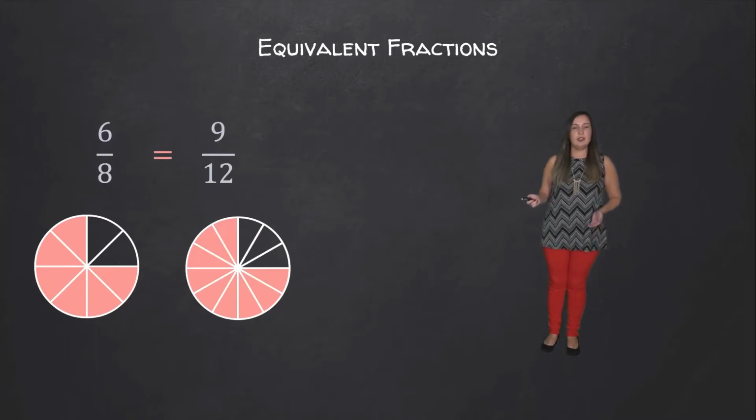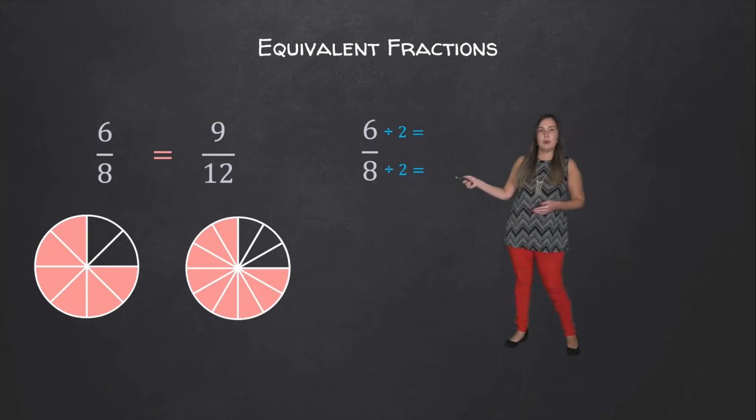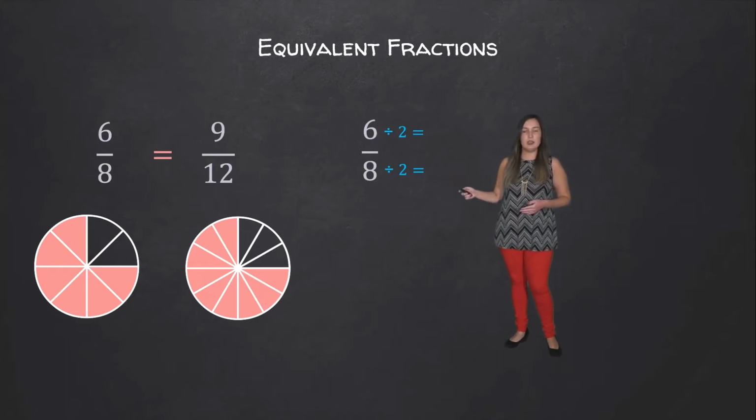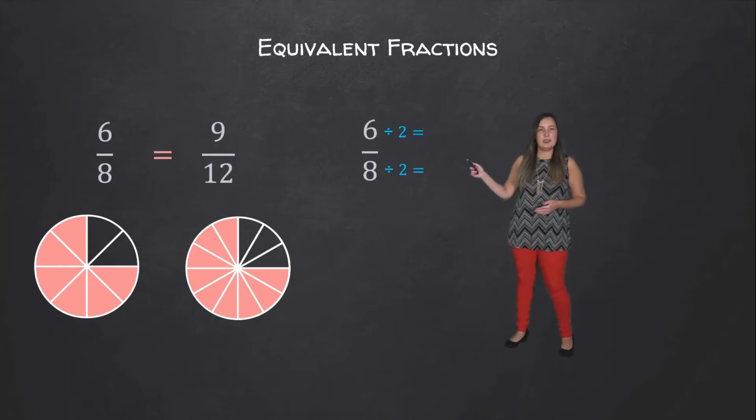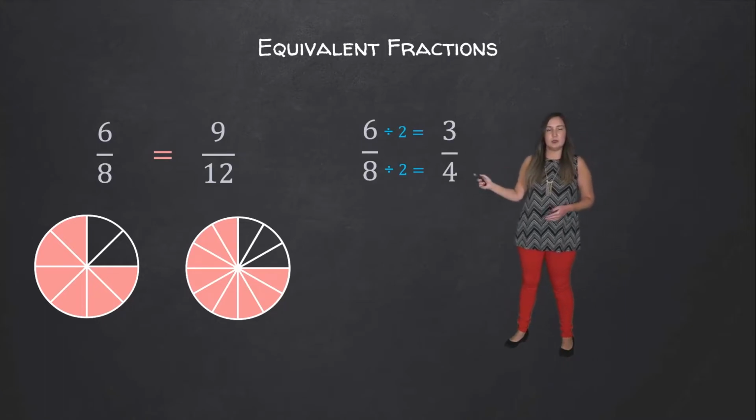So, another way we could have gone about this is if you look at both fractions, both of them can be simplified. If you take 6/8, notice that they both have a greatest common factor of 2. Meaning you could divide both the numerator and the denominator by 2. And 6 divided by 2 is equal to 3, and 8 divided by 2 is equal to 4.